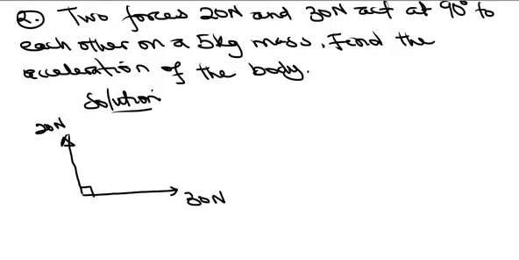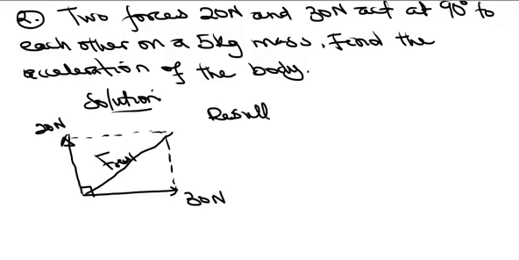So here we are going to find the resultant force. The resultant force, that's what we are going to find, and so that is F resultant. The resultant force is the first thing we are going to use to determine the acceleration of the body.